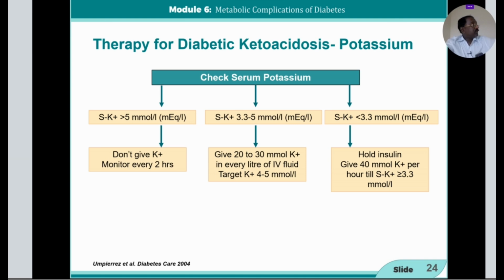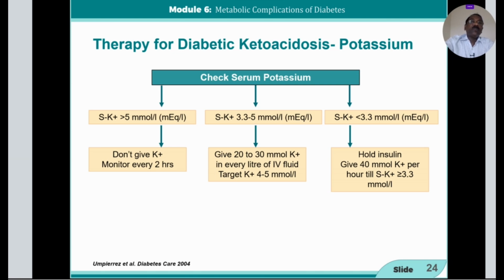When the potassium is less than 3.3, hold the insulin, and give 40 millimoles of potassium per hour till the potassium reaches more than 3.3. Okay. So one practical point here is hold the insulin when the fellow is in severe hypokalemia.